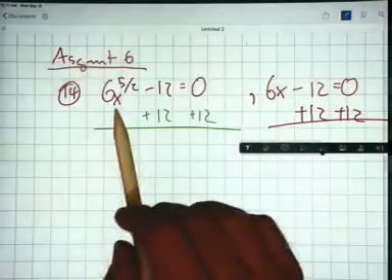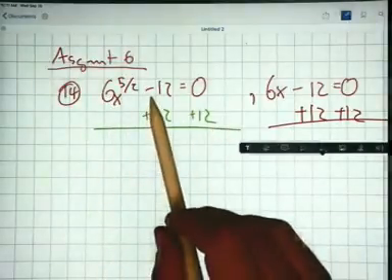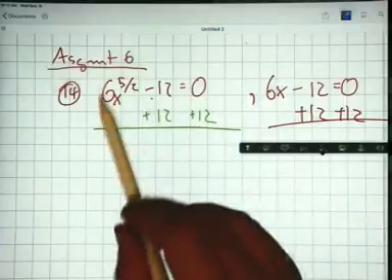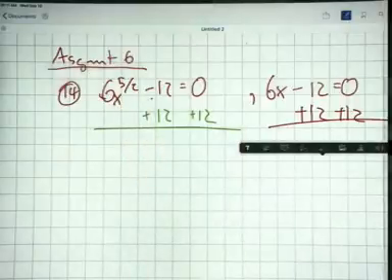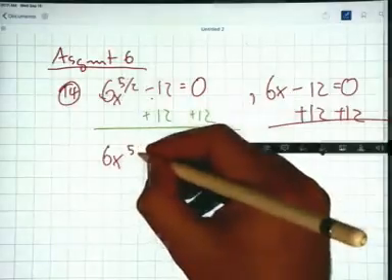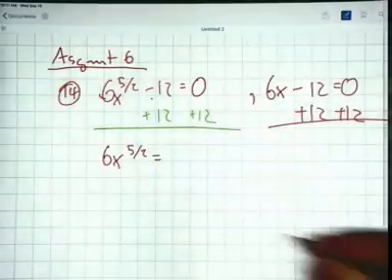The same thing here. We're going to add or subtract constants over to the other side to start isolating the 6x to the 5 halves. Equals 12.